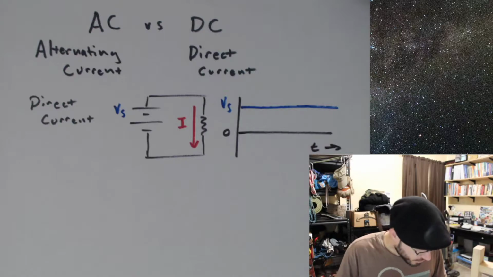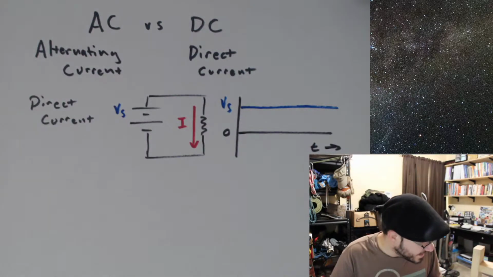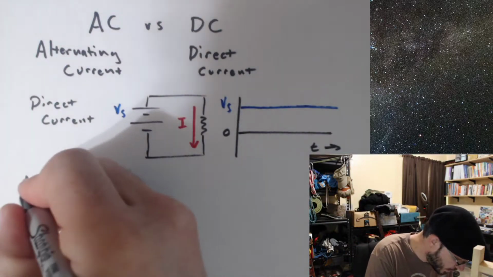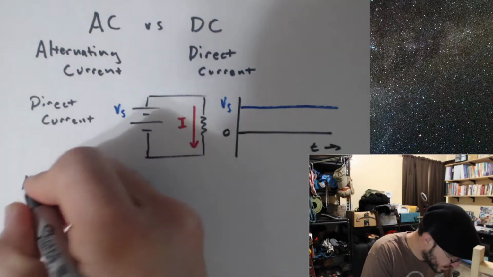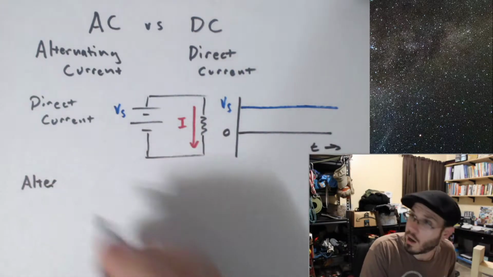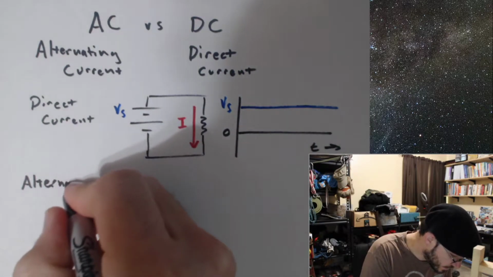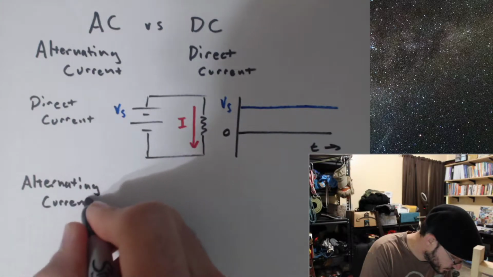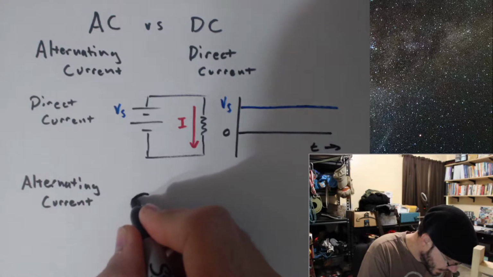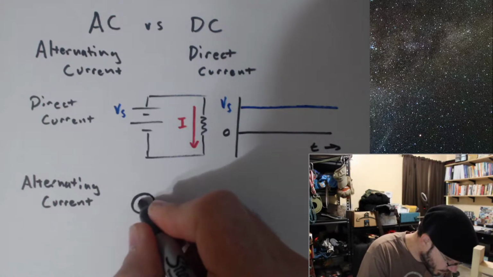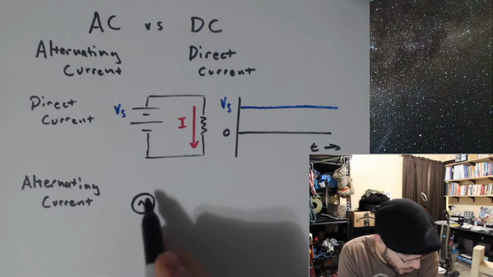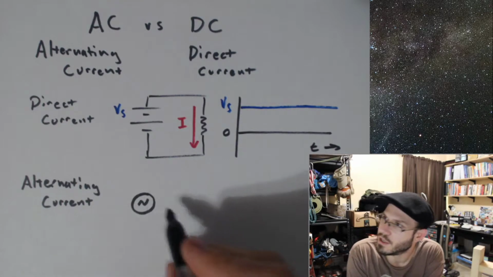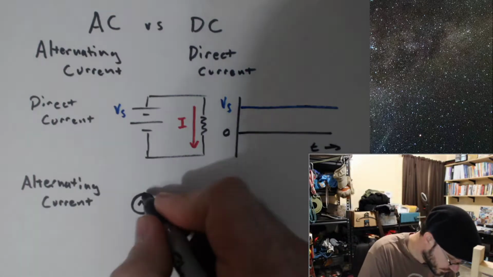Now, if we're going to look at AC, our voltage source is going to change a little bit. We're going to denote it with a circle. So let me write alternating current. Let's give it an AC voltage source. Typically, we'll draw that as a circle with a little sine wave denoted in the center of it.